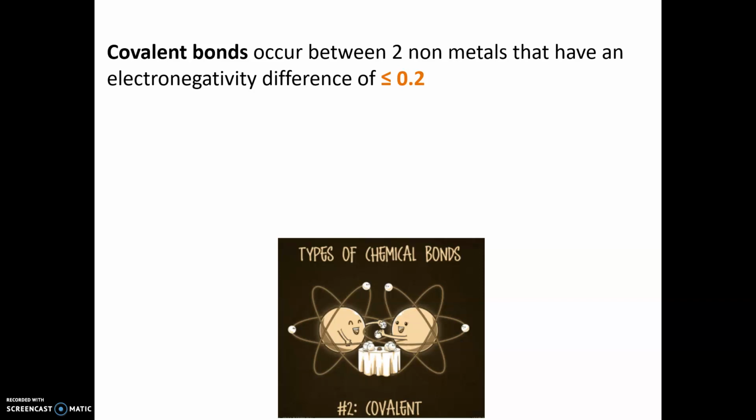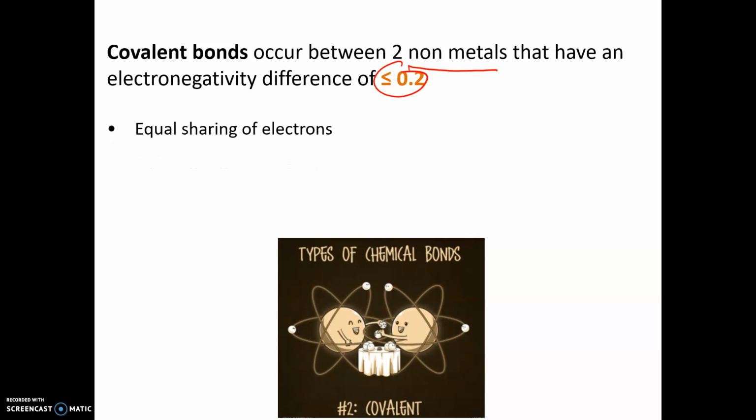With our covalent bonds, a covalent bond is between two nonmetals, and the difference in their electronegativity is less than or equal to 0.2. If the difference in the electronegativities of the two atoms is less than or equal to 0.2, you are always going to have a covalent bond.